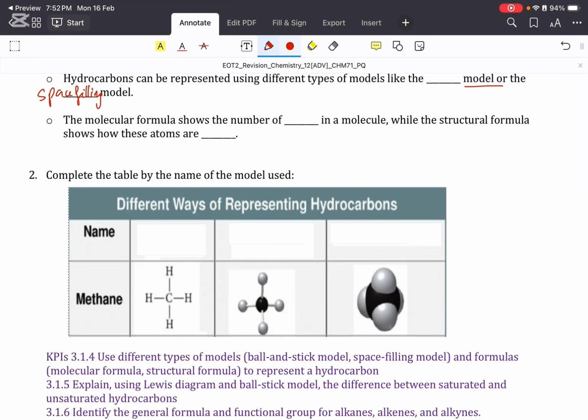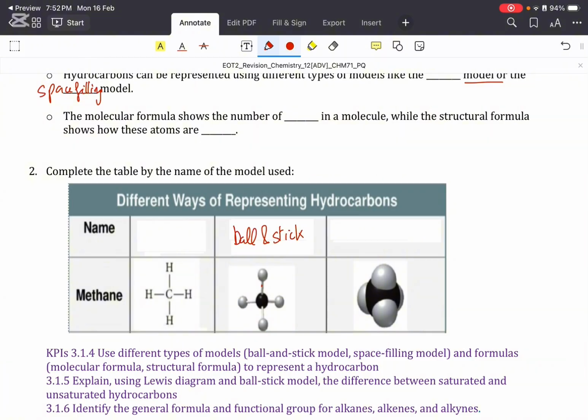Now, as you can see, this is the ball and stick model where I can see the bonds. It's just the atom represented in form of a ball, and the stick represents the bond. And this one is the space filling model.